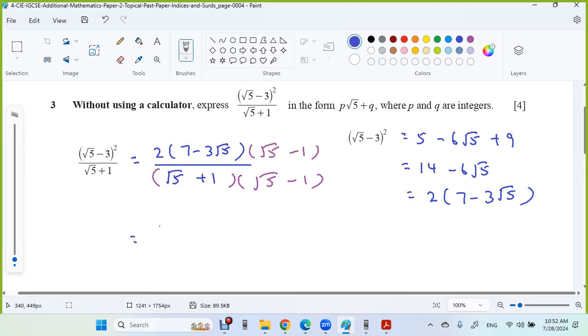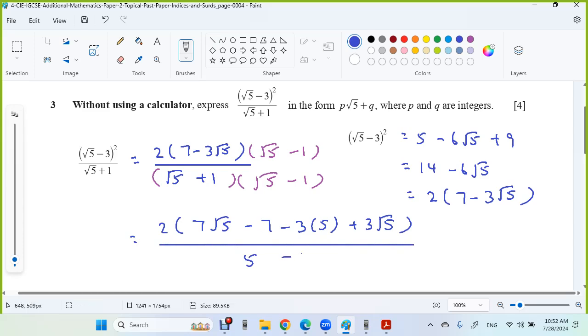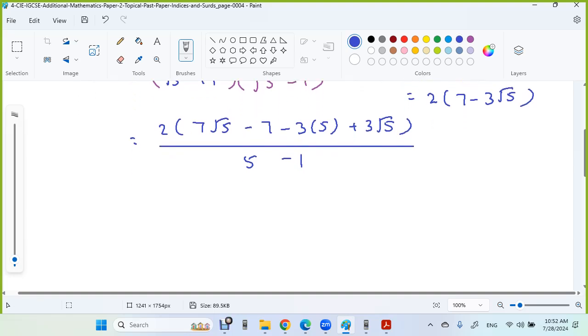Then we will have the 2, 7 square root 5 minus 7 minus 3 times 5 plus 3 square root 5 over the square root 5 square is 5 minus 1. 5 minus 1 is actually 4.